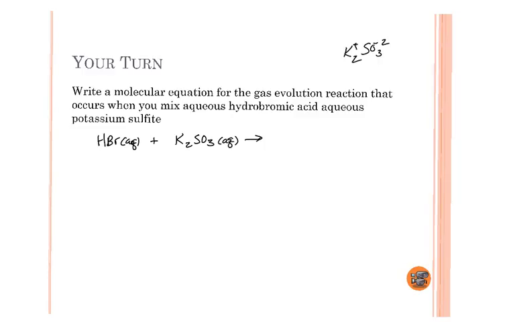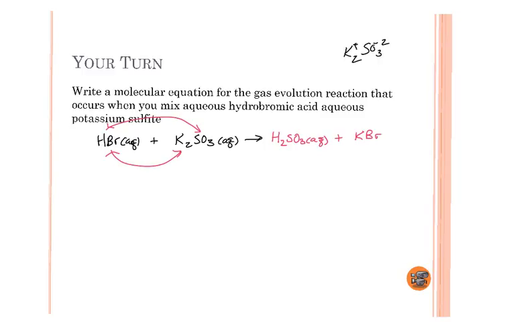So now the H combines with the sulfite, but sulfite again is -2 charge, so we need 2 hydrogens. SO3 aqueous, plus we have potassium combined with bromine, and potassium is +1, bromine is -1, so we don't need to do anything further.